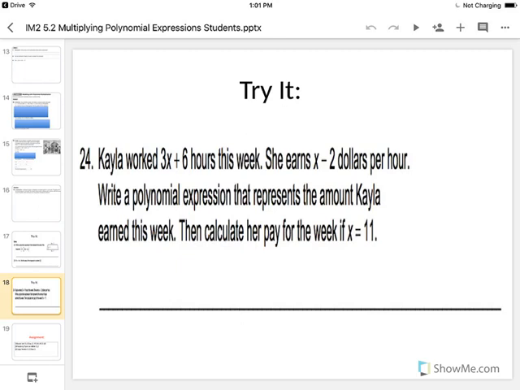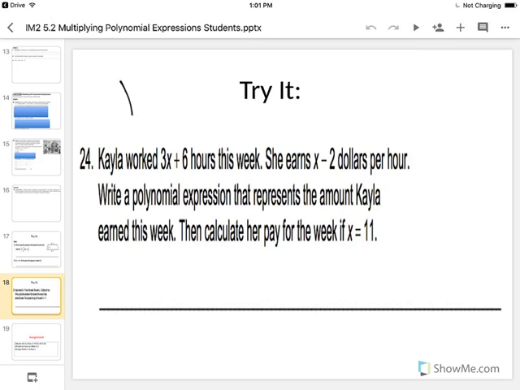Okay, and number 24. Kayla worked 3x plus 6 hours this week. She earns x minus $2 per hour. Write a polynomial expression that represents the amount Kayla earned this week. Then calculate her pay for the week if x is equal to 11.